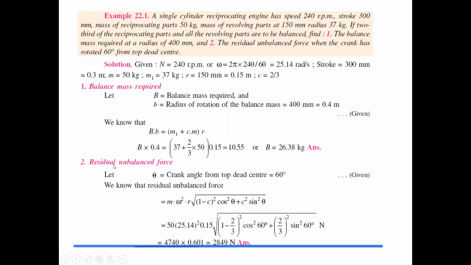Now we take the second unknown value. The theta value is also given, that is the crank angle from TDC, 60 degrees. Now the residual unbalanced force. What is the final equation? It is m omega square r into the square root of (1 minus c square) cos square theta plus c square sin square theta.